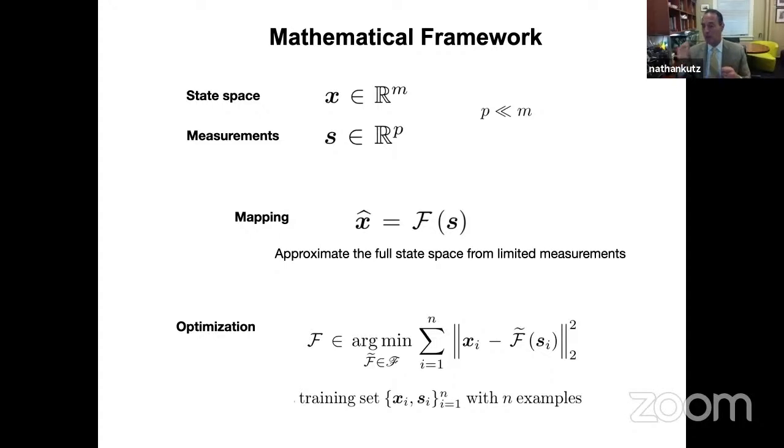So in other words, every sensor location should map out to what its actual state space measurement is. And I want to learn a map that does this. And I want to find the best F that does this. Okay, so that's the optimization framework we want to do. We want to learn how to take sensor measurements to full state measurements. That's the objective of the sensor problem.